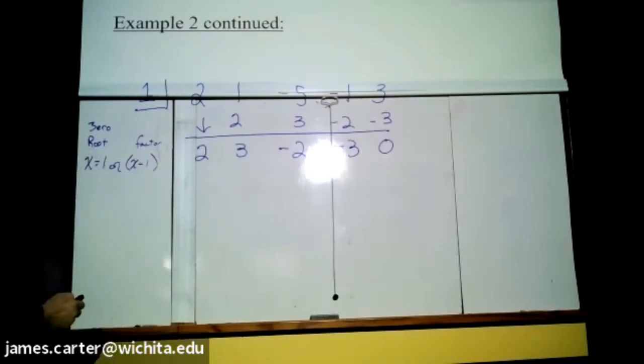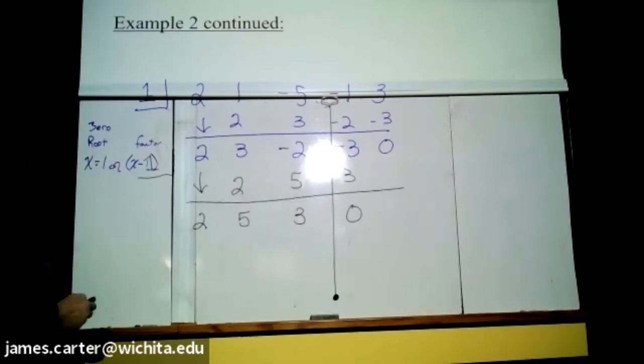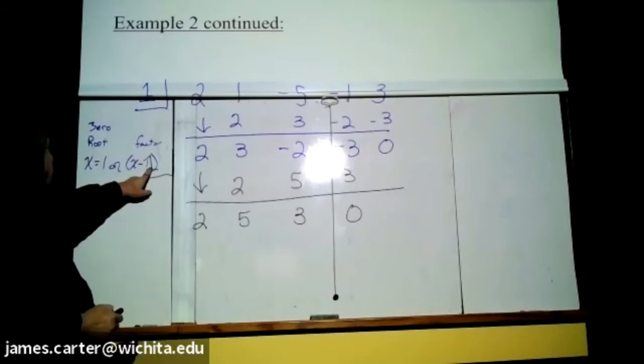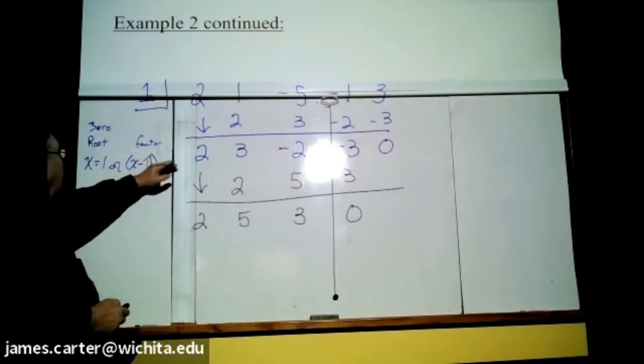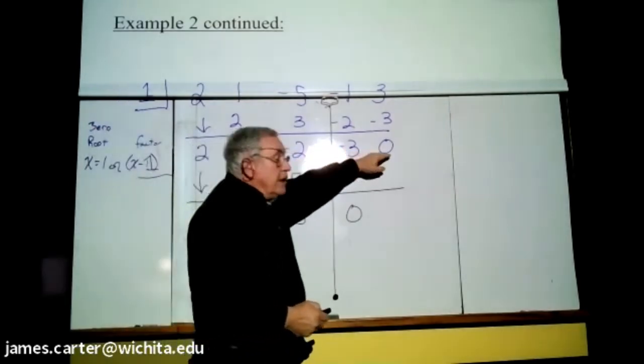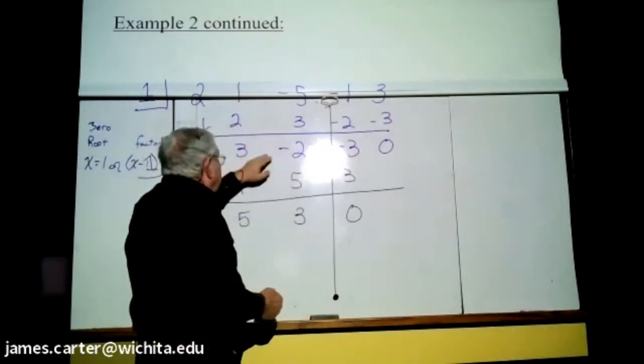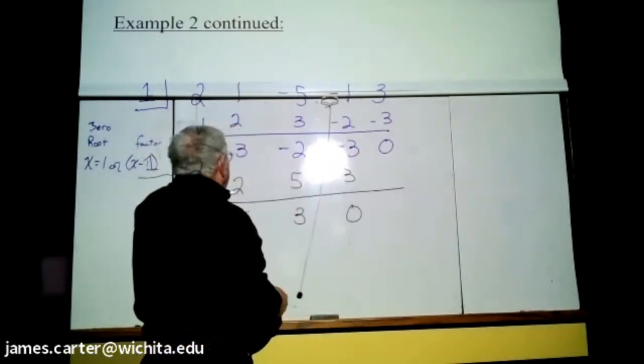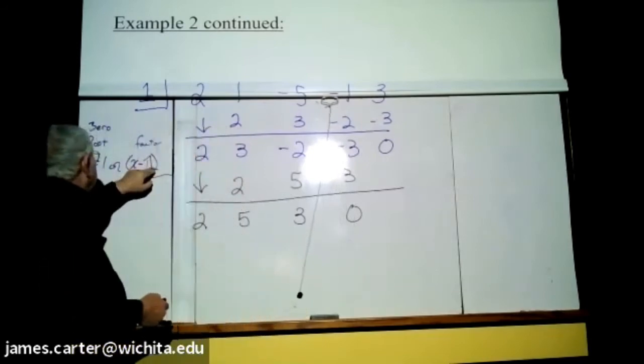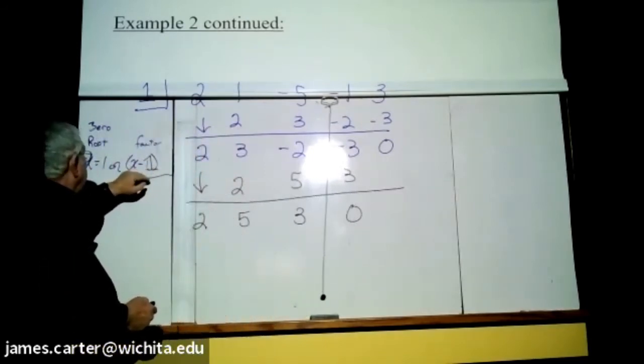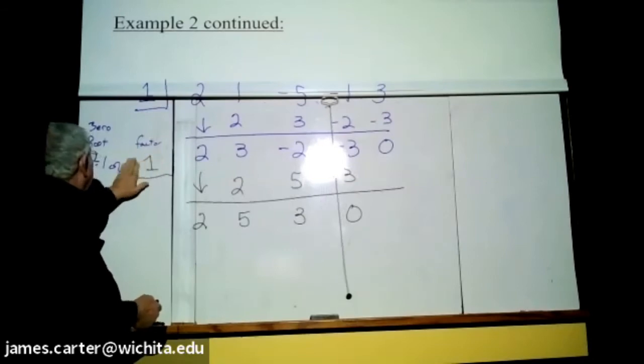Let's go ahead and try the next step. They're going to try 1 again on this divided answer. They're going to take this answer, and now they're going to try +1 in it again.